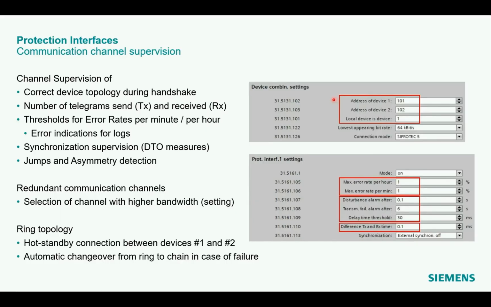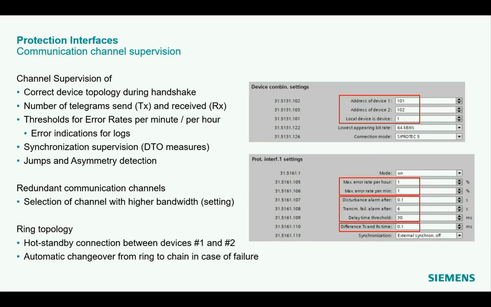So default setting is the device number 1 is 101, and device number 2 is 102. And you specify which device the actual device belongs to. Here in this case it is device number 1. So it's checked that the correct devices in the topology are available.